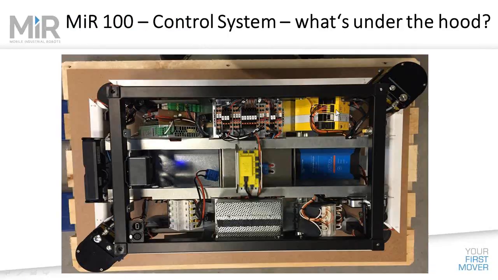This big block of yellow is a safety PLC. The safety PLC is working in concert with this scanner and this scanner. Those scanners each feature a 270-degree viewing angle so that it has a full 360-degree view around the robot at all times.